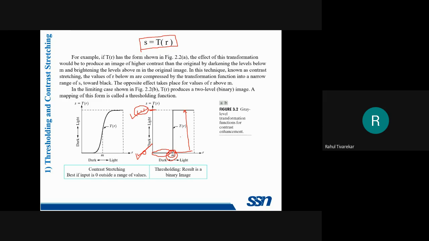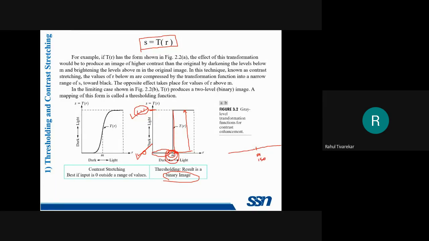So you choose some threshold value M, and you convert your input image to a two-level image in the output, and the result is a binary image. Suppose M is equal to 150.